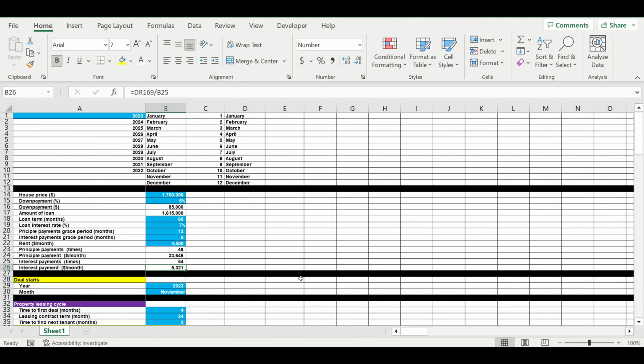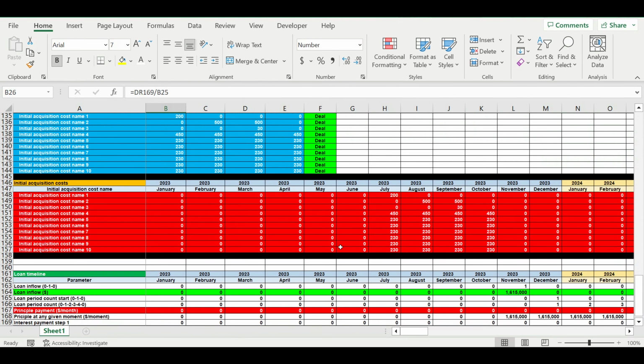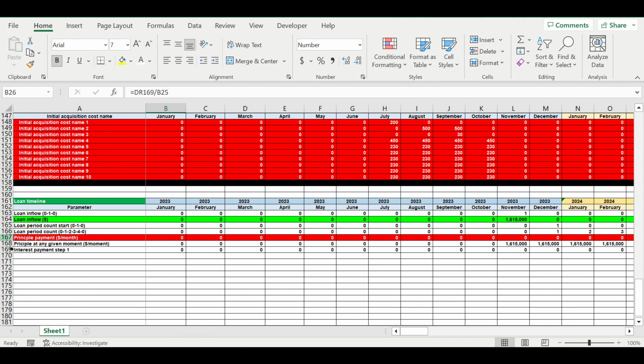So this is the interest payment, and the interest paid will be $1 per month.